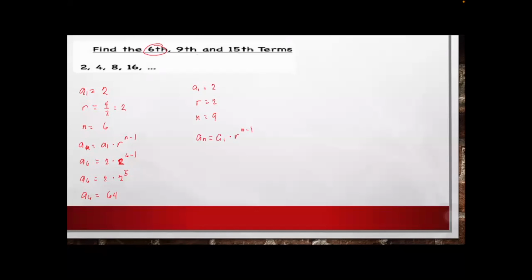We have a sub 9 is equal to 2 times 2 raised to 9 minus 1. Rod, please lower your hand, baka mangalay. 9 minus 1 is 8. So therefore, a sub 9 is equal to 2 times 2 raised to 8.